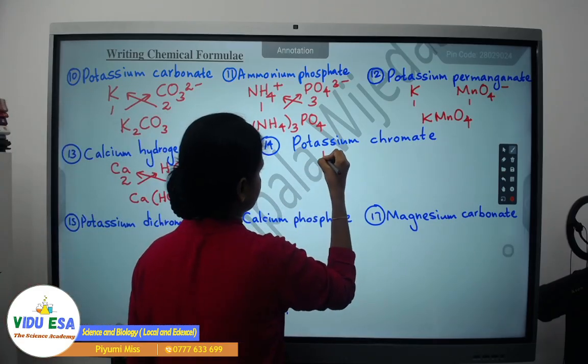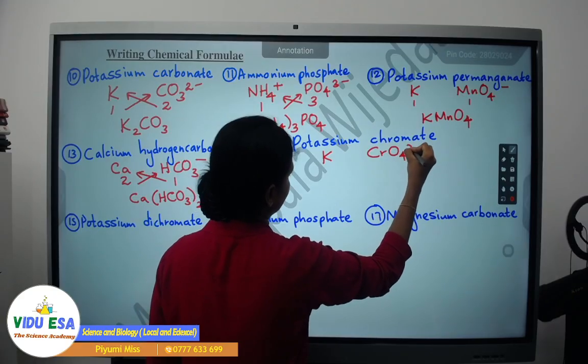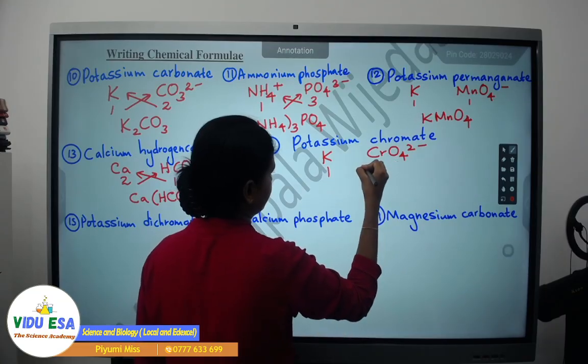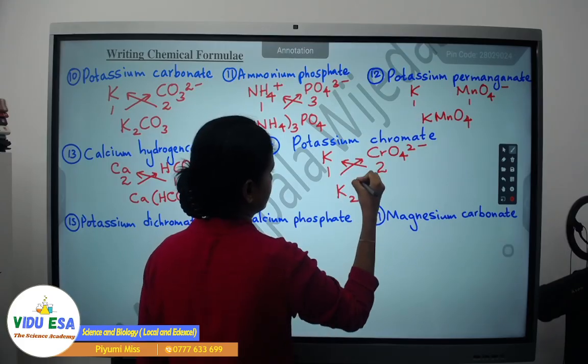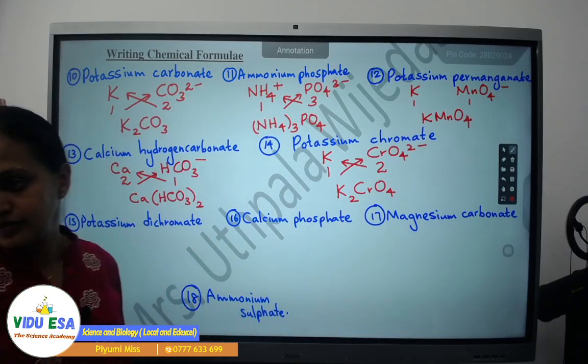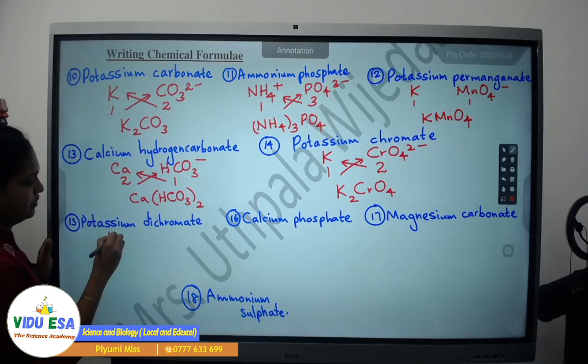Potassium chromate. Potassium and chromate, CrO4 2 minus. Potassium valency 1, chromate valency 2. So it becomes K2, then CrO4. K2CrO4. Right?